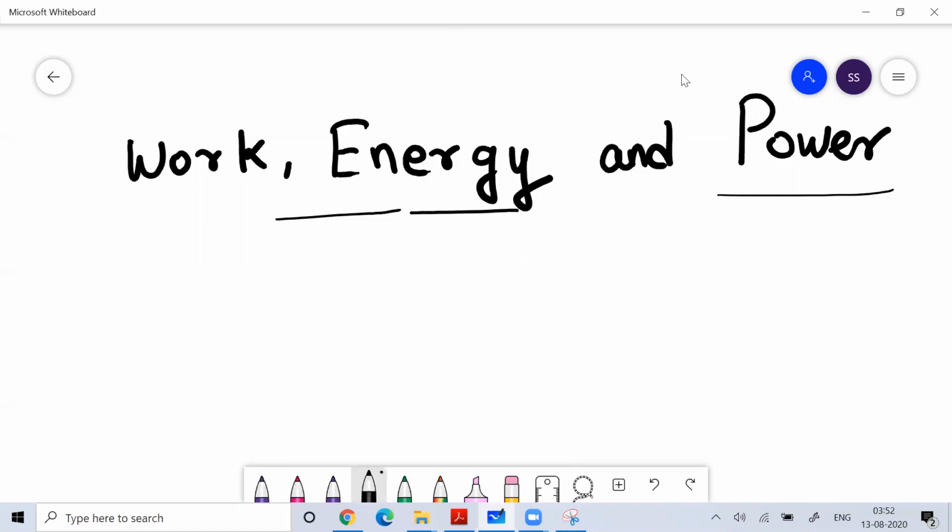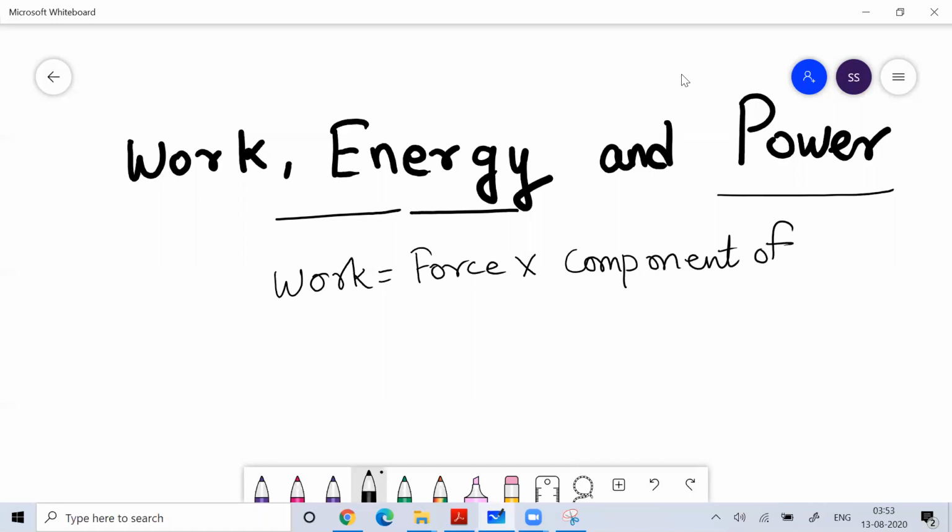So work is force times the component of displacement in the direction of force.